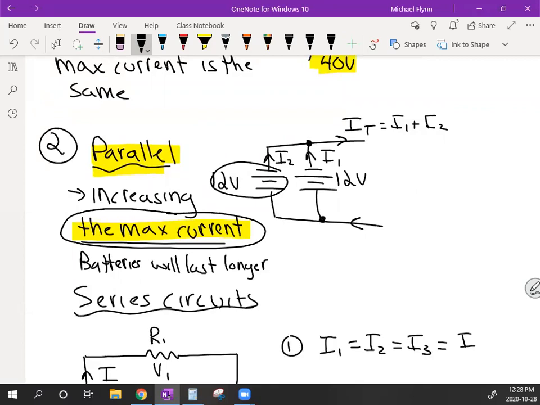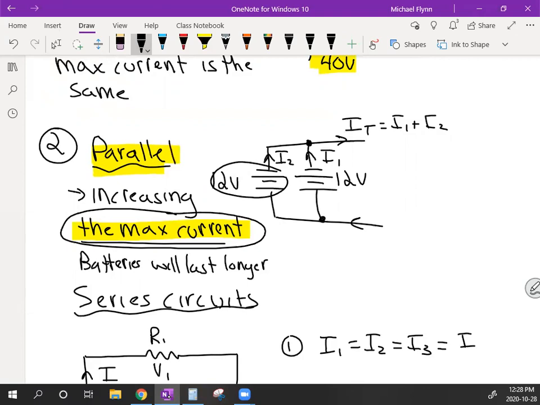Now, some are connected in series too. You can do both things. You can connect several batteries in series and then connect them in sets to a parallel circuit. And then you get more voltage and more current. And yeah, so you just get the desired voltage that you have, and then the maximum current will determine how much acceleration you can get out of the motor, let's say.